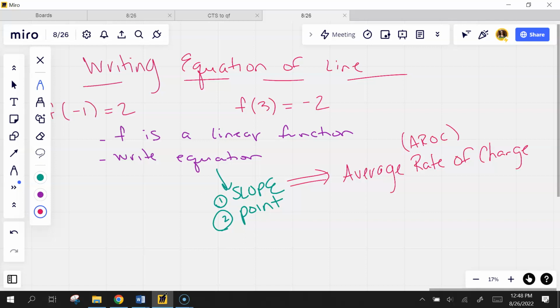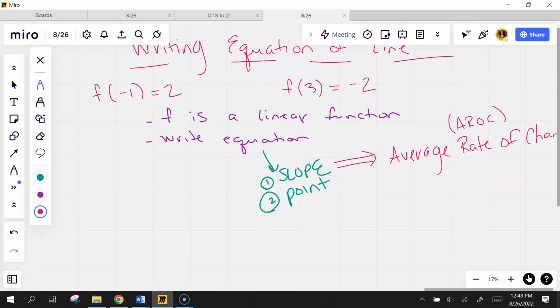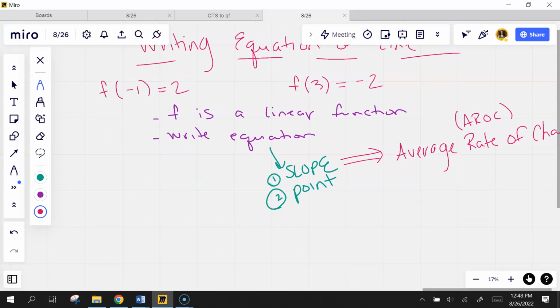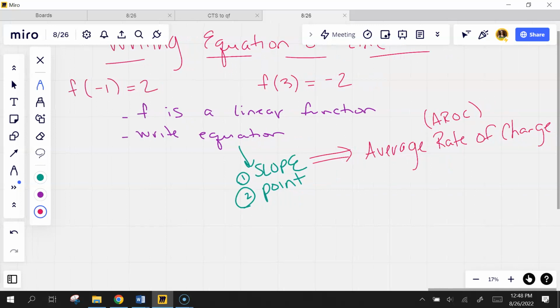All right, so let's talk about how we find this average rate of change, which is nothing more than the slope. It's a fancy way of saying slope, okay? But if I say AROC from now on, you'll know she's just talking about slope. Carter, when I say AROC, what am I talking about? Thank you.